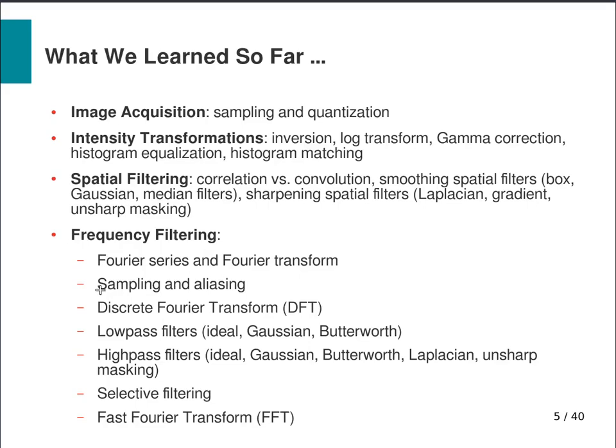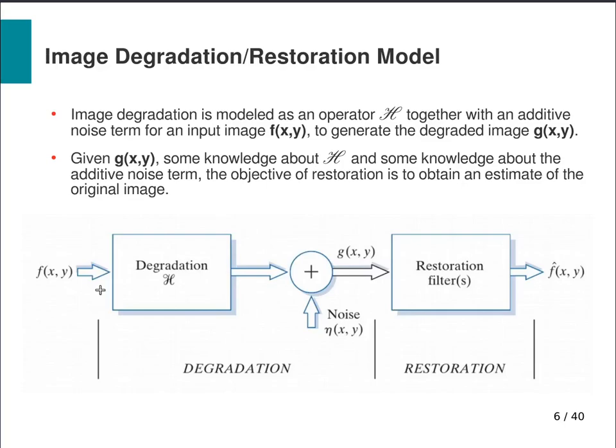We went over bandpass and bandreject, and also we talked about notch filters. And finally, we concluded the last chapter with a brief introduction on fast Fourier transform and how it revolutionized the application of discrete Fourier transform in digital signal processing applications.